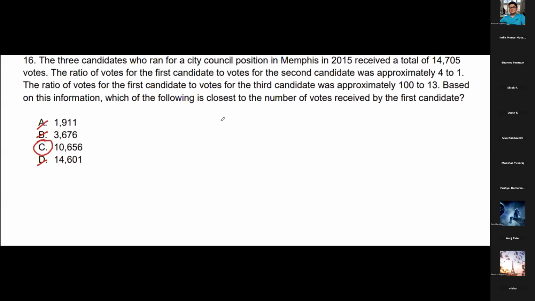And we also know that they received 10 times the amount of the third candidate. That means that they had to have received at least half of the vote, right? Just based on that information.